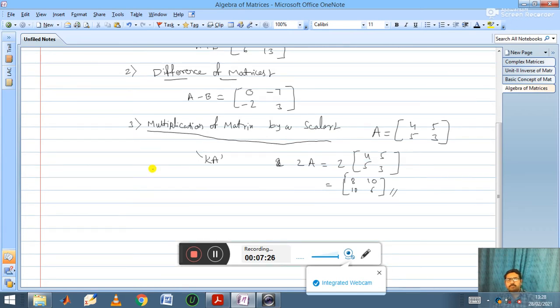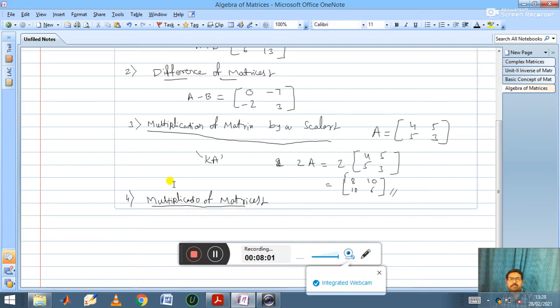Next we shall go to the important concept, your fourth one, multiplication of two or more matrices. To multiply matrices, we need at least two matrices.